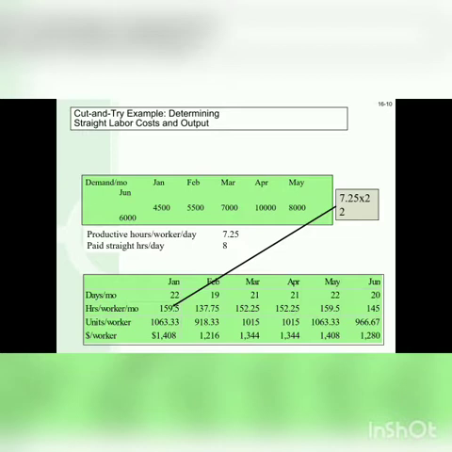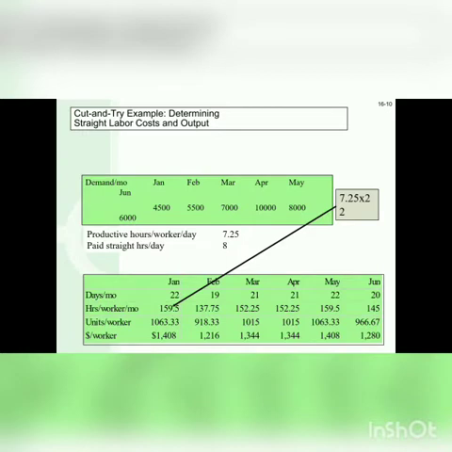April 21 into again 7.25, so 152.25. May 22 into 7.25, it is 159.5. And for June, 20 into 7.25 will give you the total time, that is equal to 145 hours per worker per month.